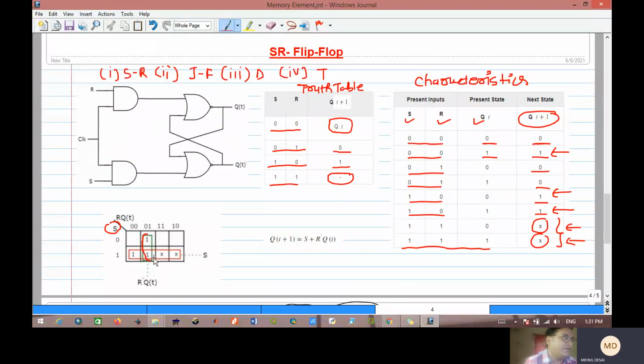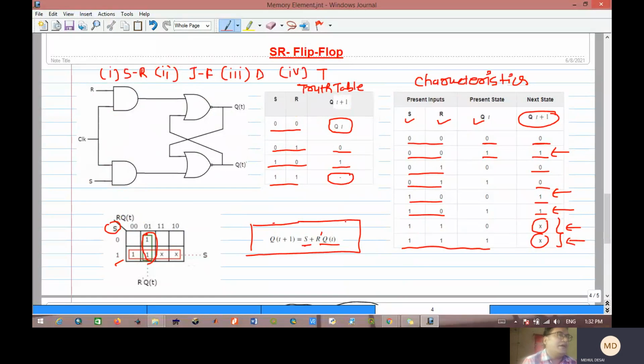The first pair is these 1 1 1 1, and then the 0 1 and 0 1. So here we get R dash QT, and based on these four values, we get the answer S. So QT plus 1, the next state, is always equal to S plus R dash QT. This is the characteristic equation of SR flip-flop.